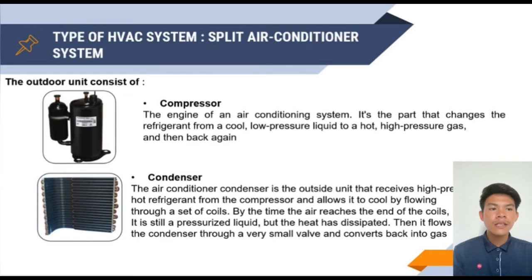The condenser receives the high pressure gas from the compressor and cools it through a set of coils. By the time the refrigerant reaches the end of the coils, it is still a pressurized liquid, but the heat has dissipated.